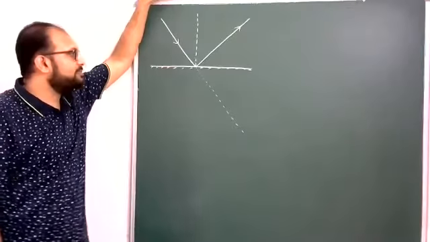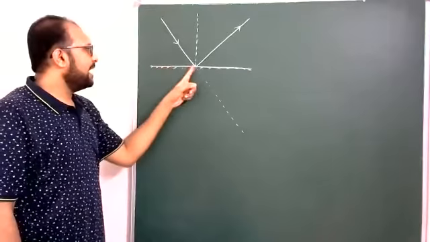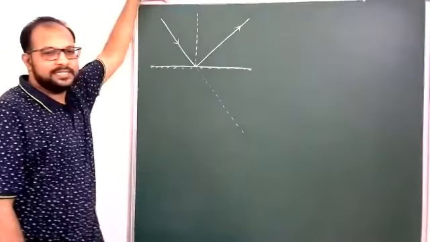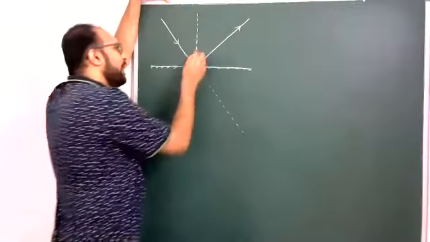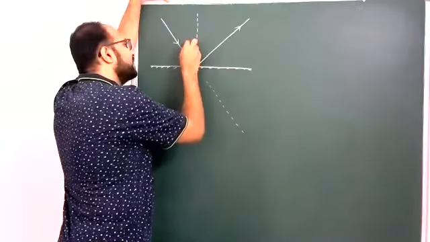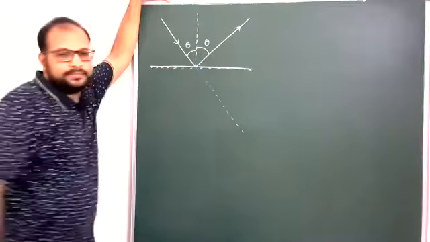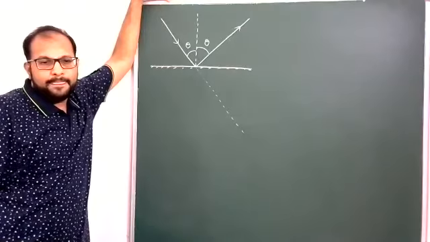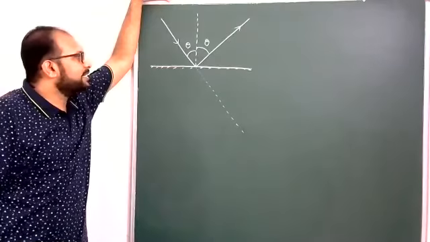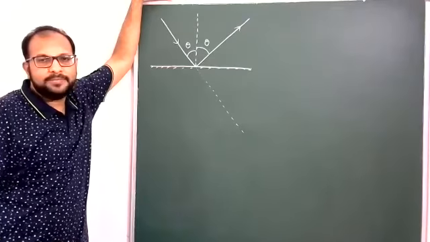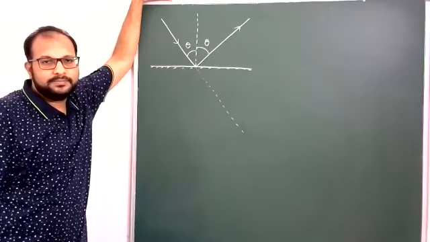But because of this reflecting surface, the light ray is reflected like this. Now, angle of incidence theta equals angle of reflection theta. That is the principle of reflection.